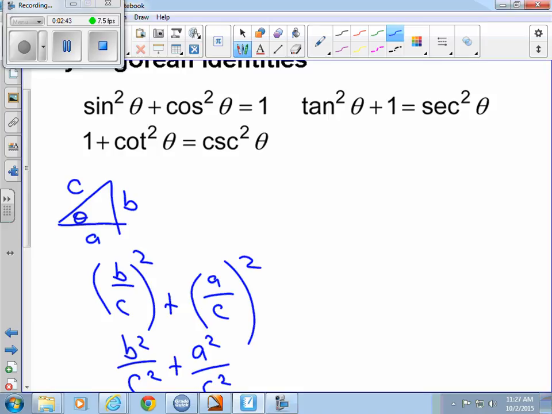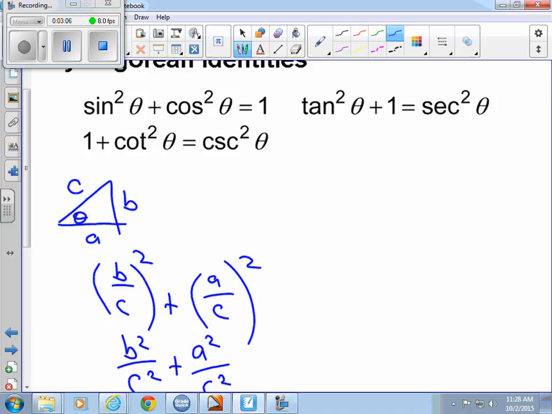Now the others are just rearrangements of that. If I divided everything in this equation by sine squared of x, sine squared divided by sine squared is 1. What's cosine squared divided by sine squared? It's on the last slide. Cosine on top, squared. Cotangent squared.